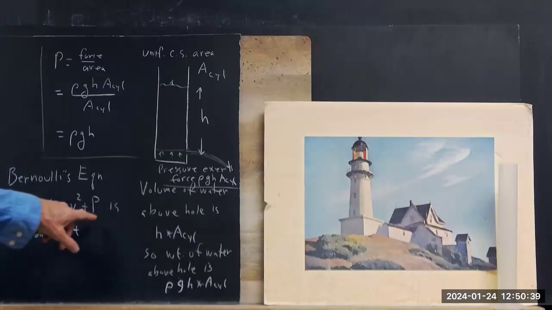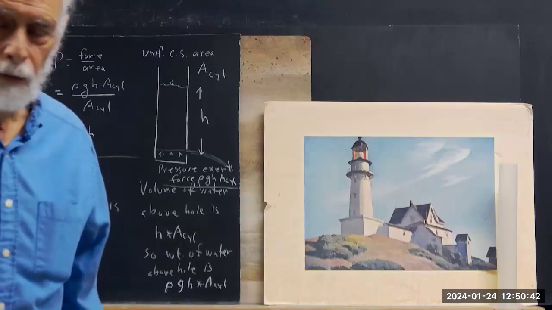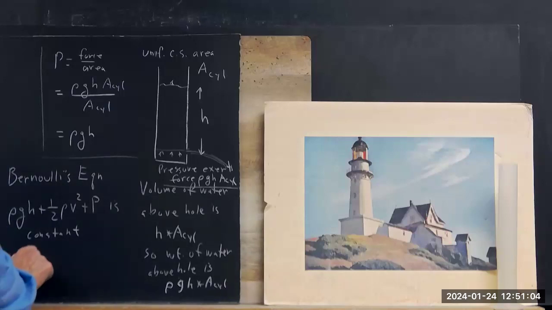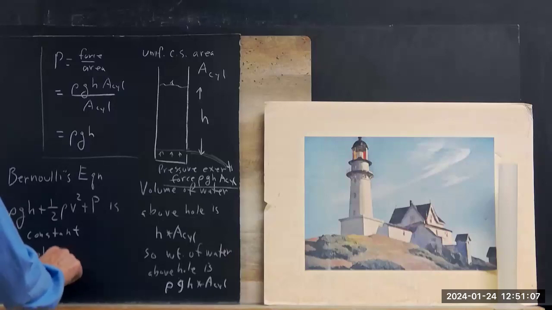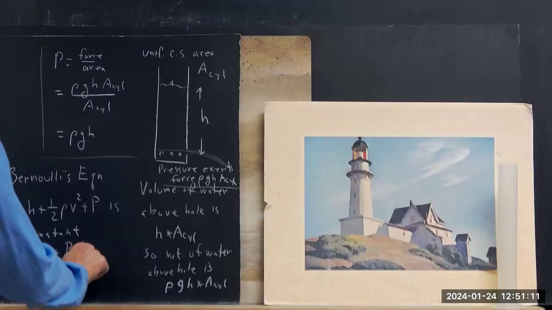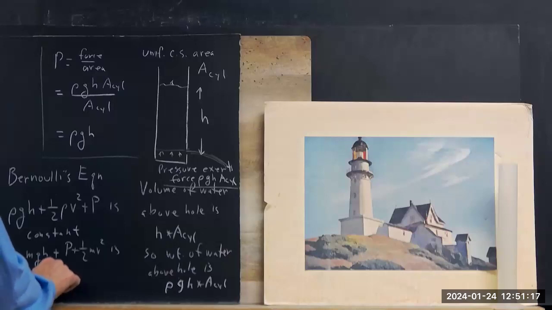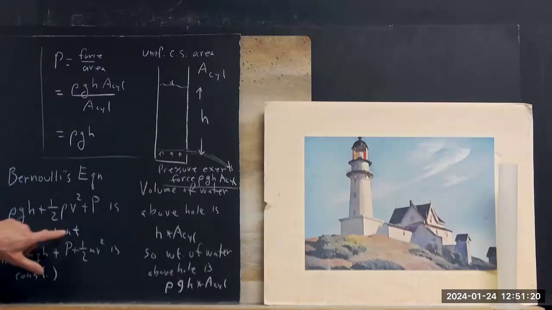But rho G H plus 1/2 rho V squared plus P is constant. It's just like mgh plus, I got P.